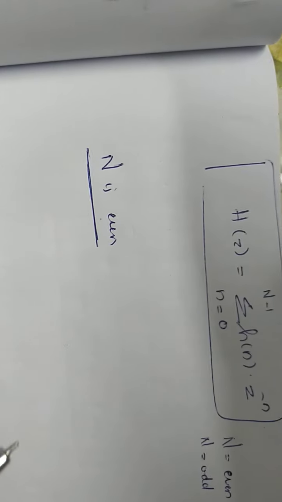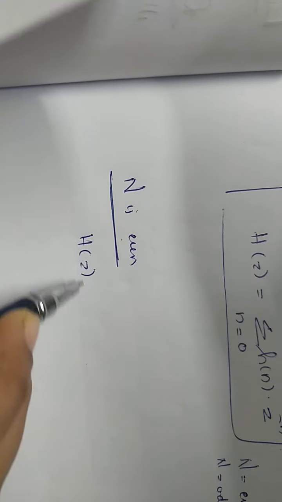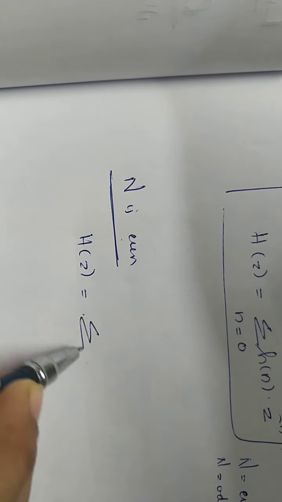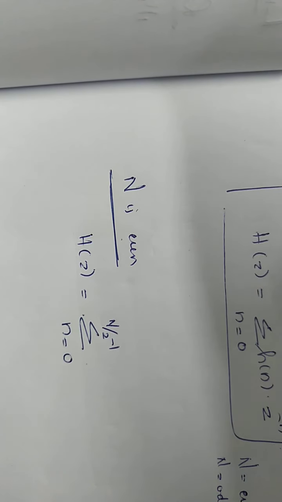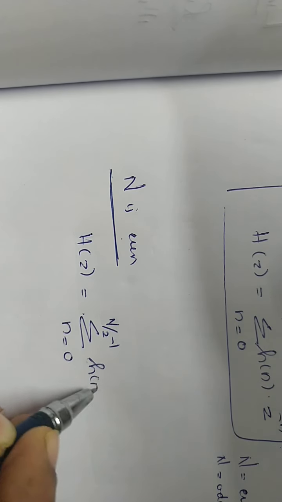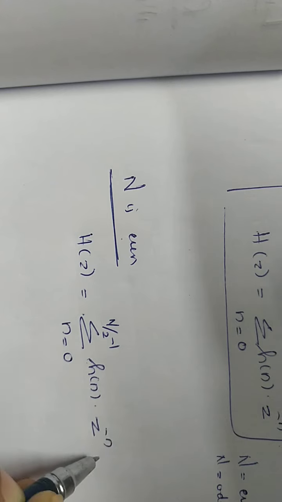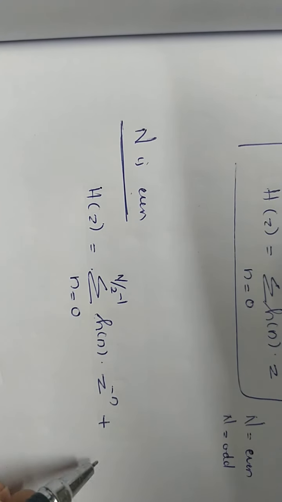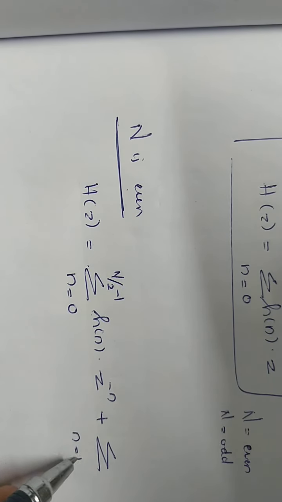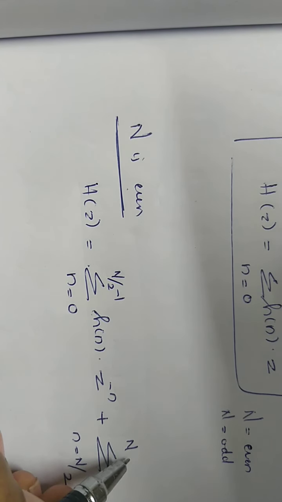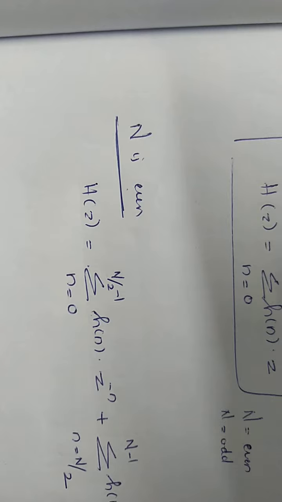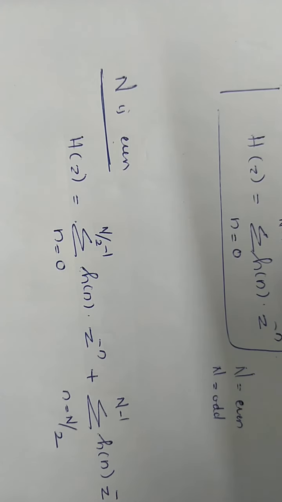Then h of z will be equal to sigma n is equal to 0 to N by 2 minus 1 h of n z raised to minus n plus sigma n is equal to N by 2 to N minus 1 h of n z raised to minus n.